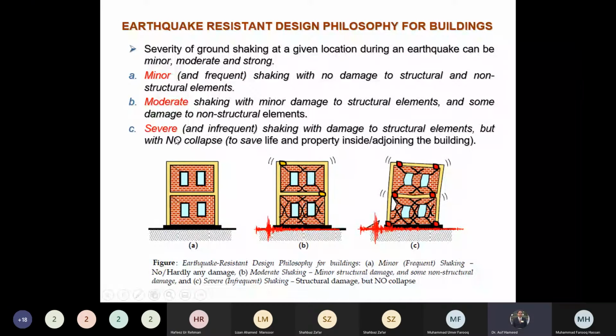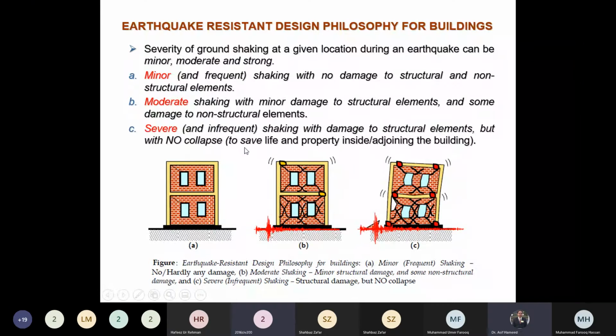So this should be the behavior during the minor earthquake: there should not be any damage to the structures. During the moderate earthquakes, you may allow some damages to the structural components, but those damages should be repairable. And during the severe earthquake, you may allow damages to the structure, but there should not be total collapse of the structure.